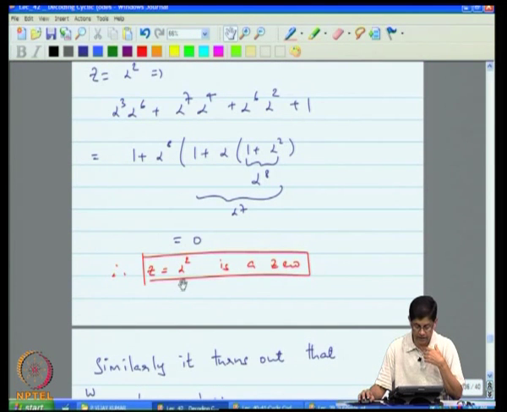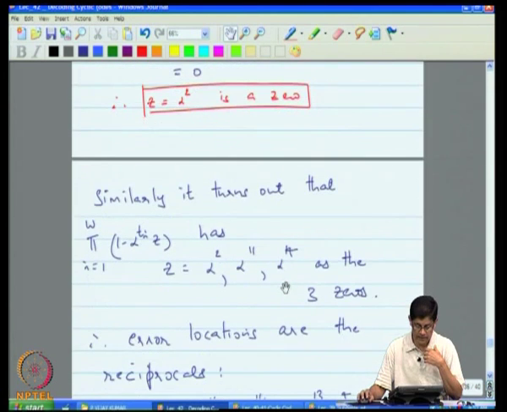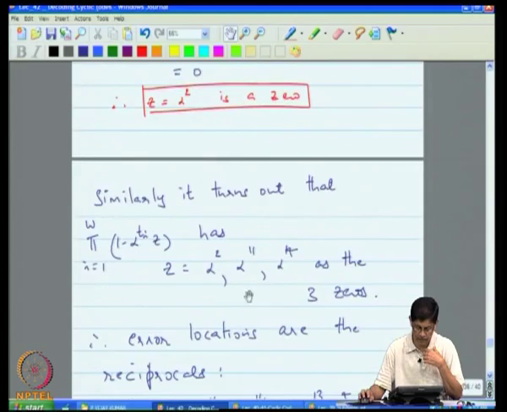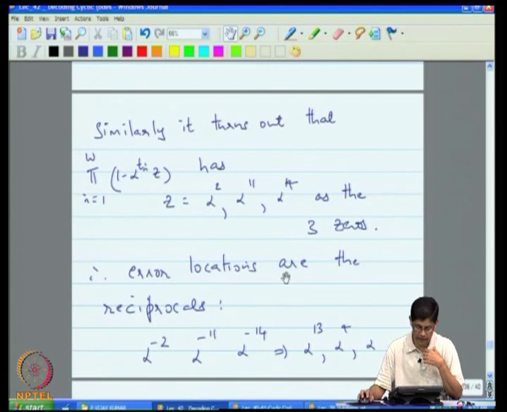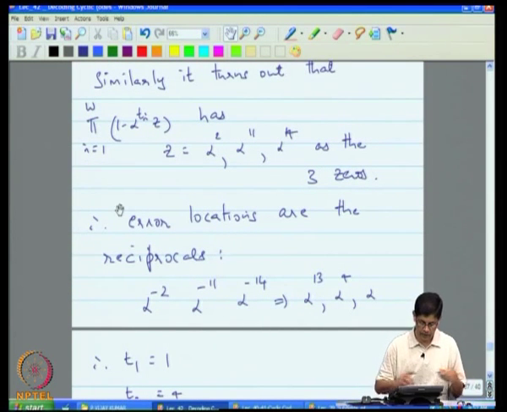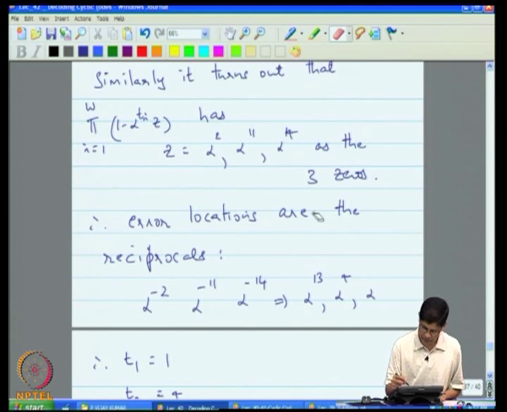And so z equals alpha squared is a 0. Similarly, it turns out that this polynomial here has the 3 zeros alpha squared, alpha 11, alpha to the 14. And you can see from the way this is structured that the error locations are not these zeros but rather correspond to the reciprocals.